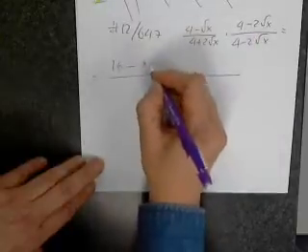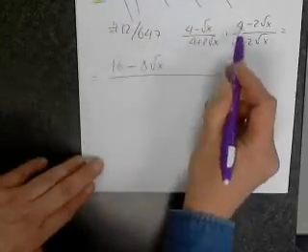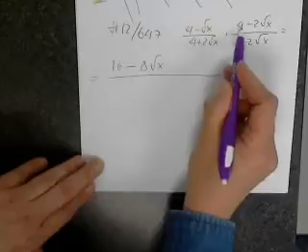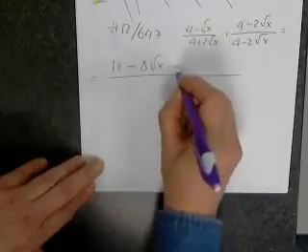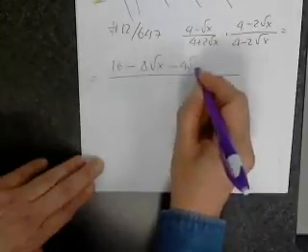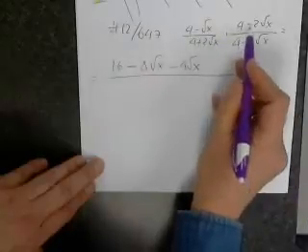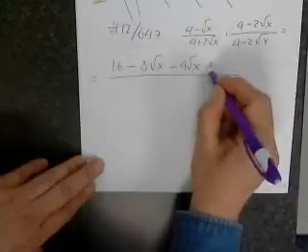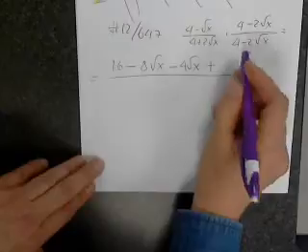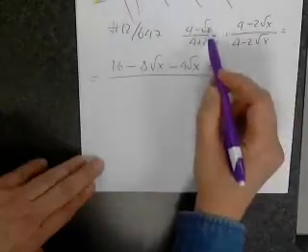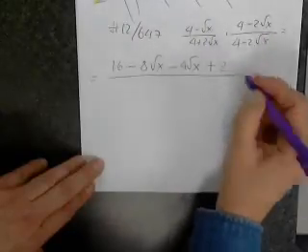Minus, minus 4. There you go. Two. And how much is the square root of x times the square root of x? X. Perfect.